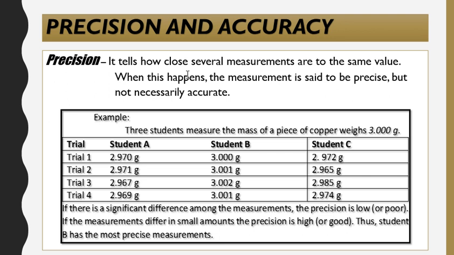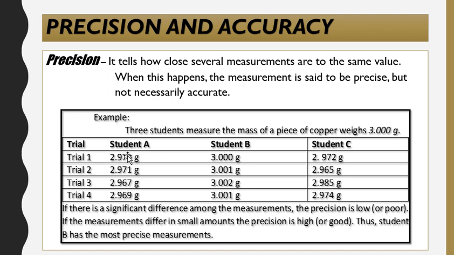Okay, here is an example. We have three students measuring the mass of a piece of copper that weighs 3.00 grams. These are the four trials for student A, student B, and student C. Can you see the differences?